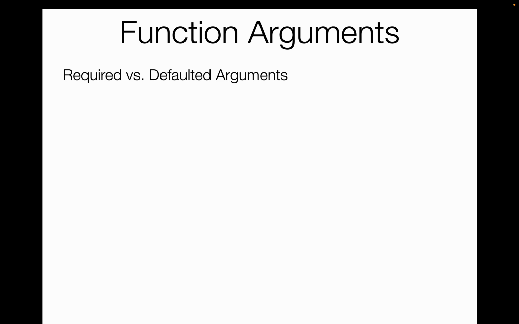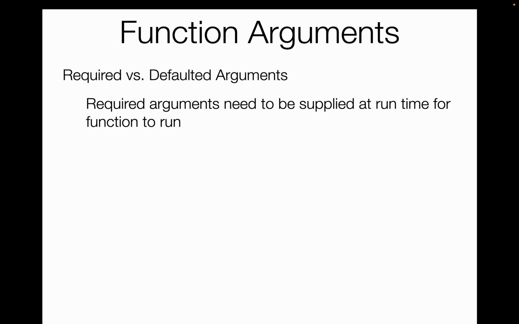Now, there are two types of arguments, required and defaulted. Maybe not all of them, but there might be one other category that I can't think of at the moment. So anyway, we won't get stuck on that. Required arguments need to be supplied at runtime for a function to run.